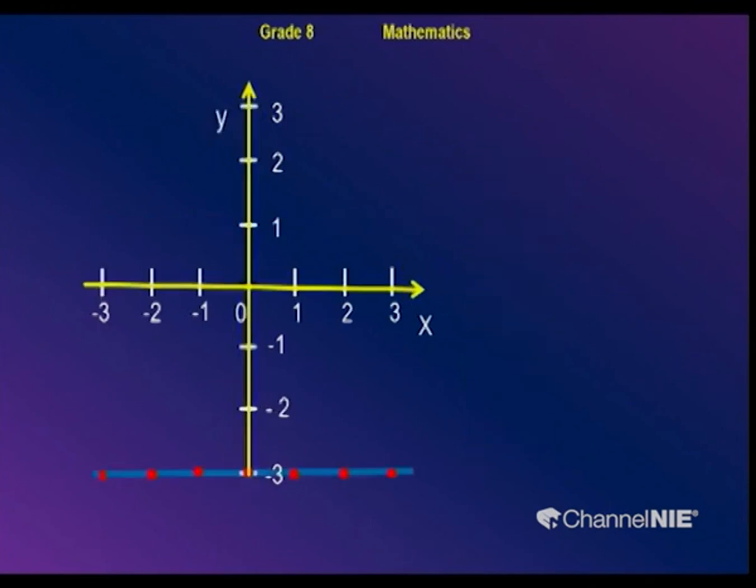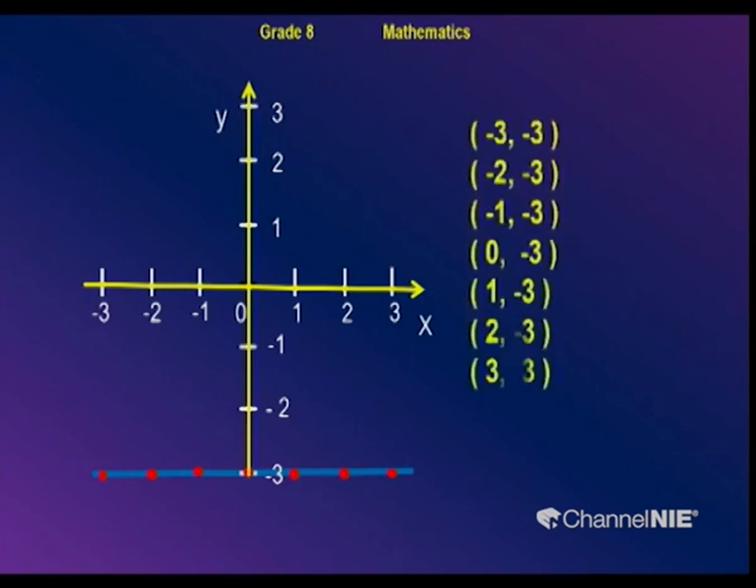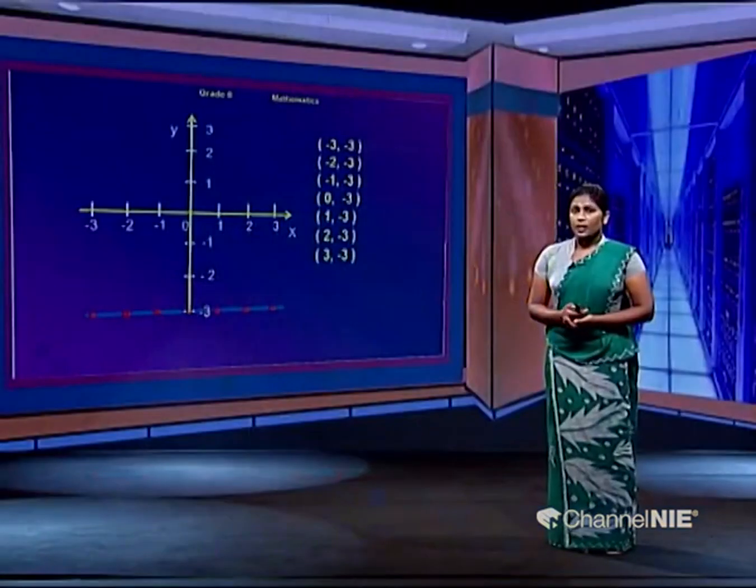And look at the other one. This line is also parallel to the x-axis. Now I first write the ordered pairs. Here also you can observe y equals -3. Then what is the name of the line? Can you guess?